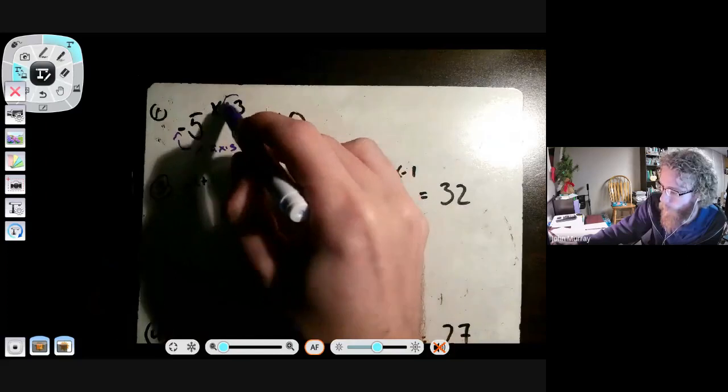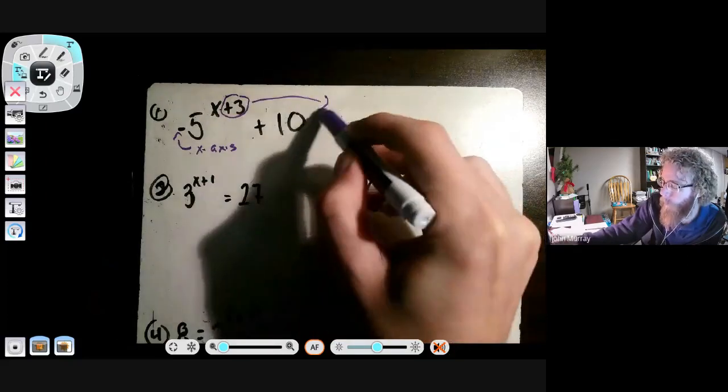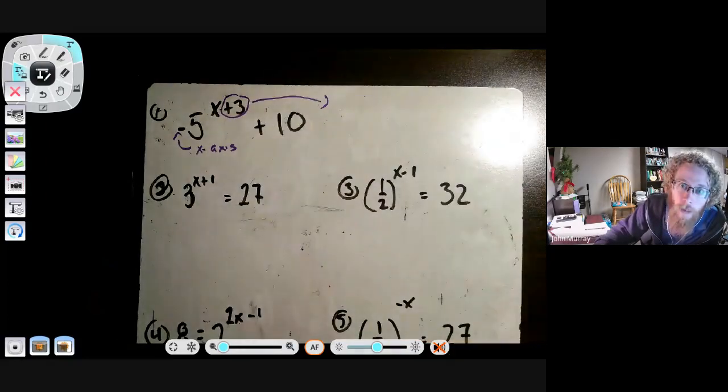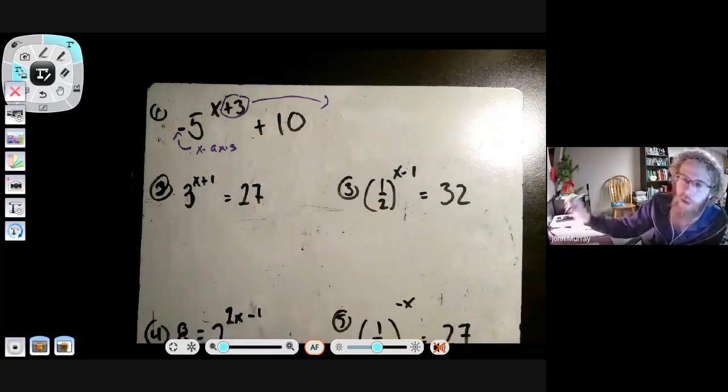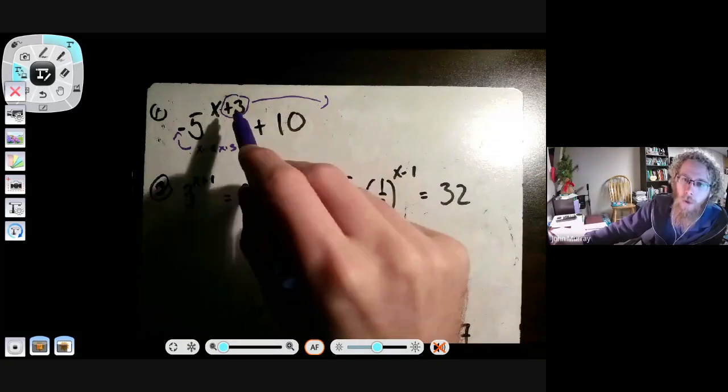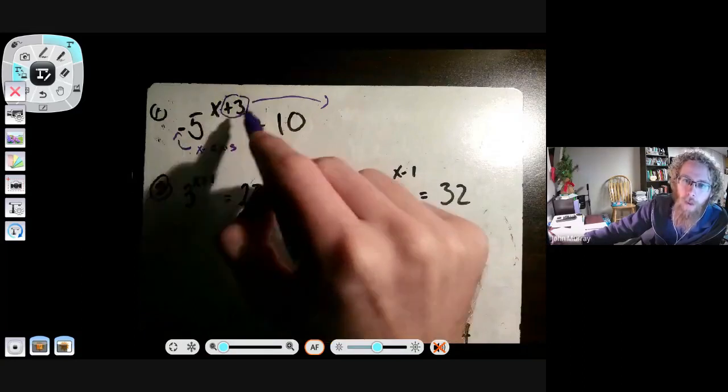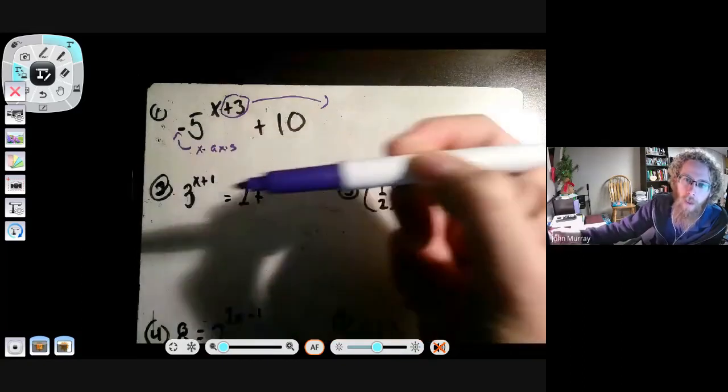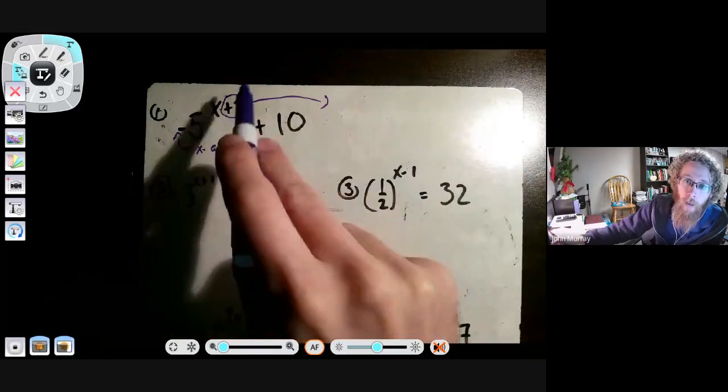Your second check mark comes from this +3 up here. Just be careful here. I threw a lot of different options out there for you to intentionally confuse you. So if it helps, write everything down instead of just looking at it. When we manipulate the exponent, that's going to be either left or right.